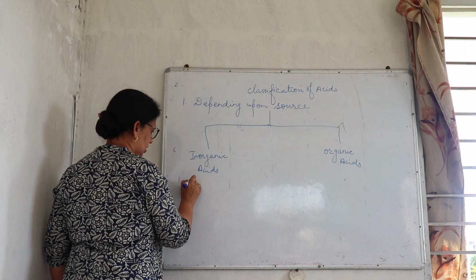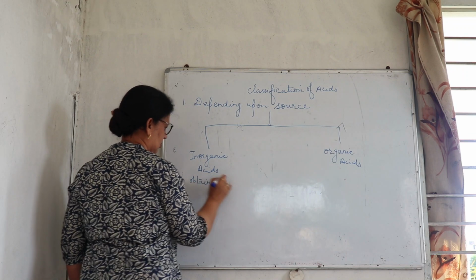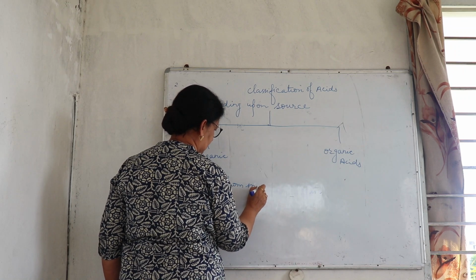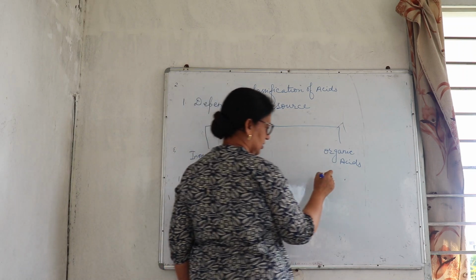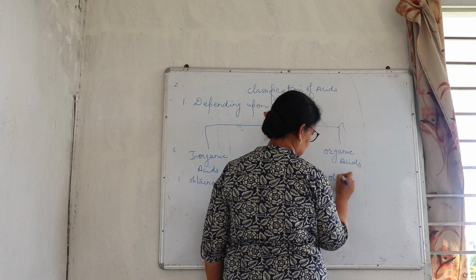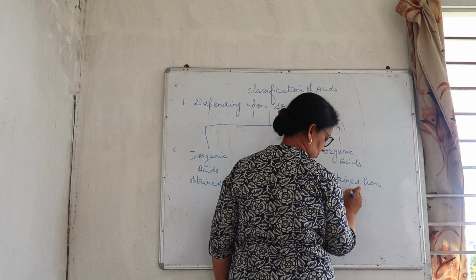These are obtained from minerals. And organic acids are obtained from plants.